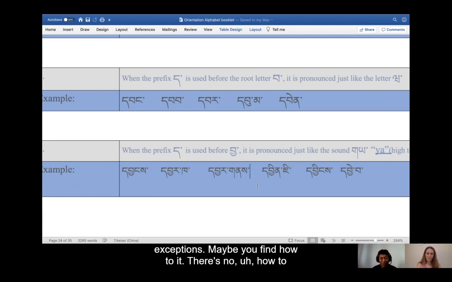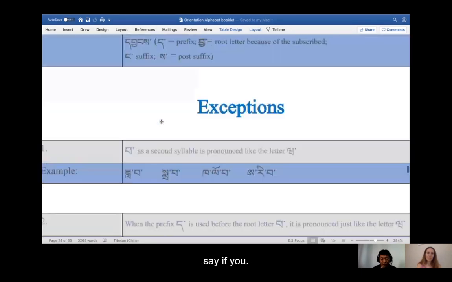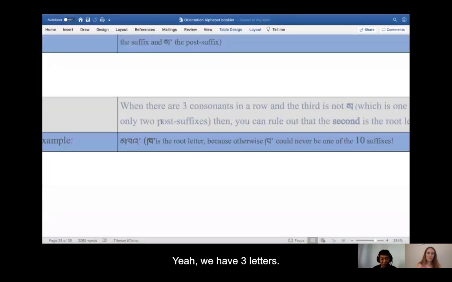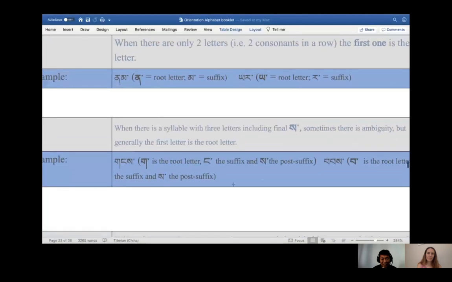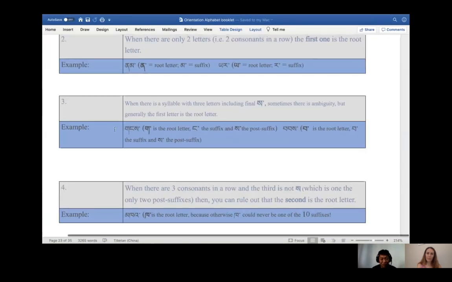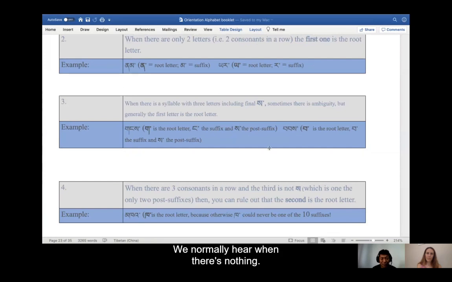Here we have three letters. Normally, when there are no vowels or head letters, sa we regard as a post suffix, and the pa is a suffix, and the first pa is a root letter.